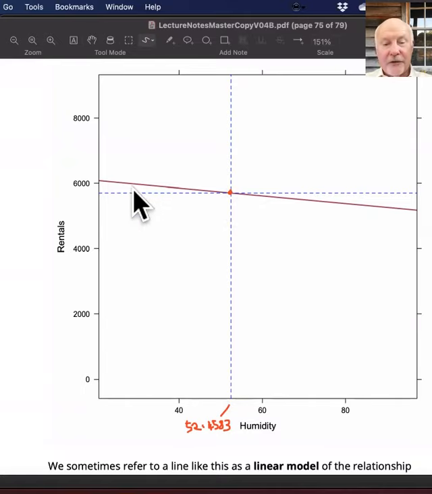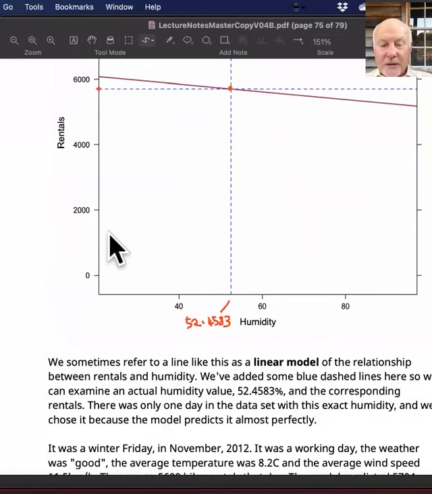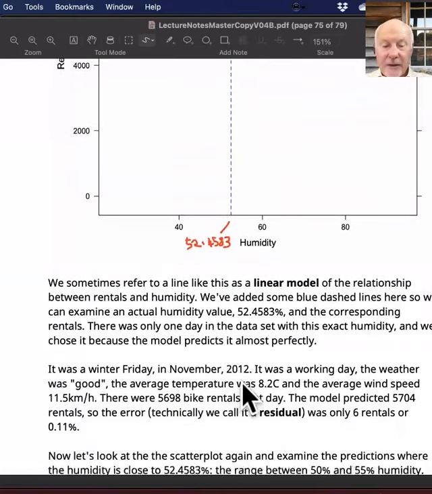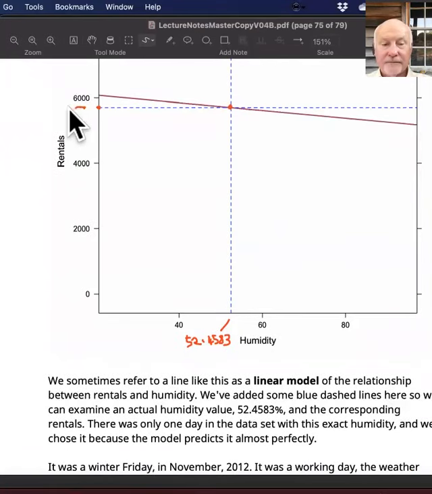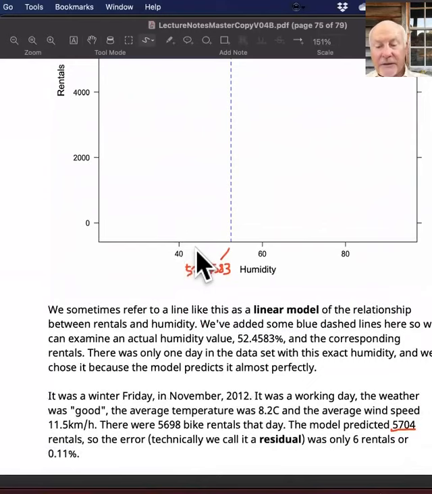And then we go across to the bike rentals. And there we have the model's prediction of what the bike rentals will be. So the model predicts 5,704 bike rentals. Okay, so that's the prediction.